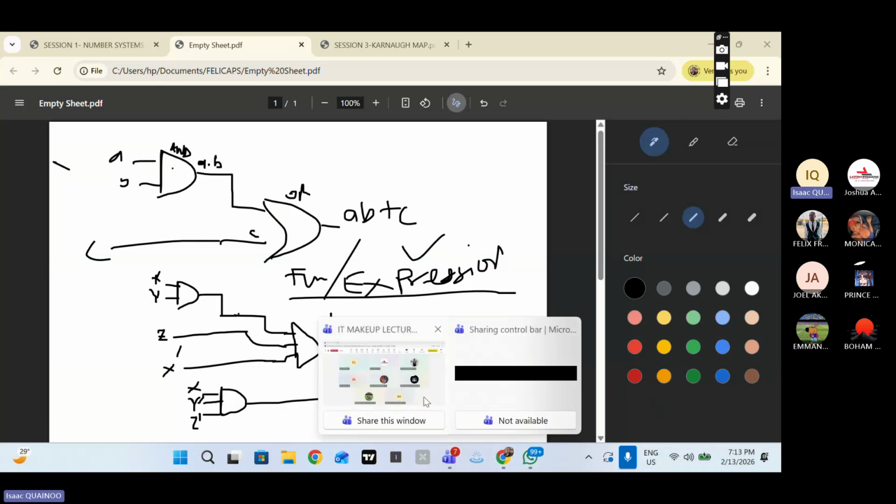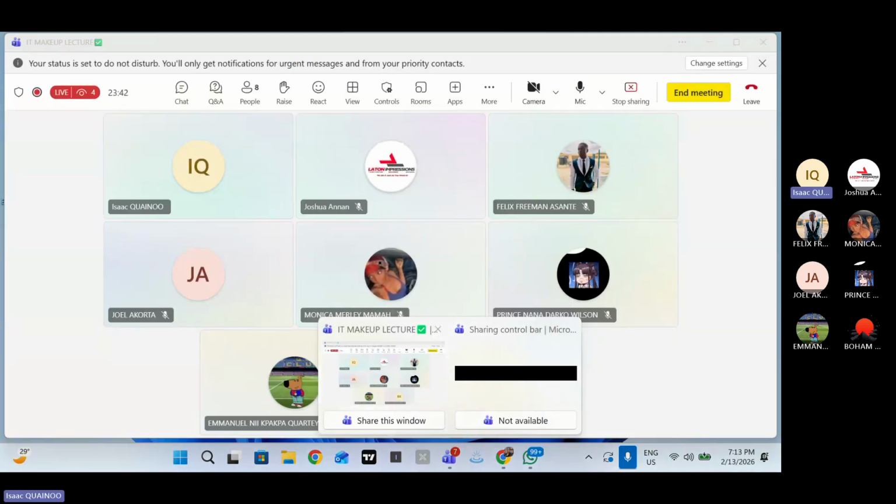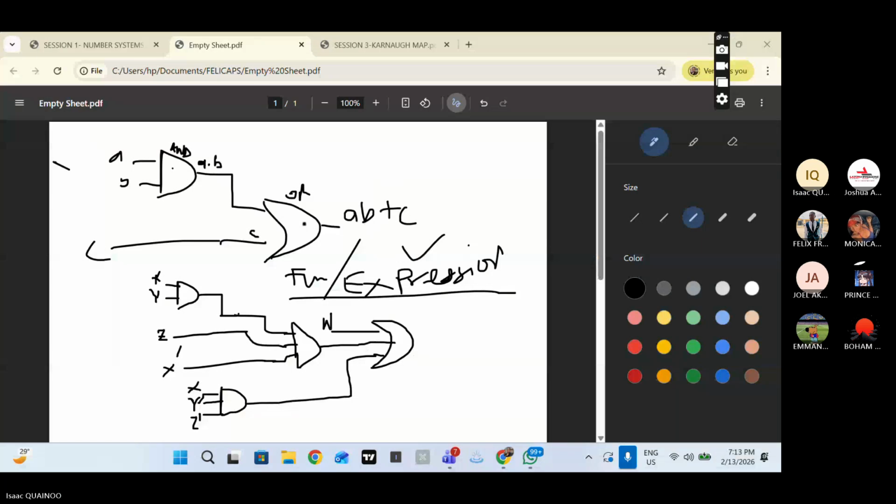Okay, so last week we looked at basic circuits, we looked at logic gates, we looked at Boolean expressions and functions, we looked at how to draw a logic gate diagram from a function and how to convert your logic gate diagram to a function.